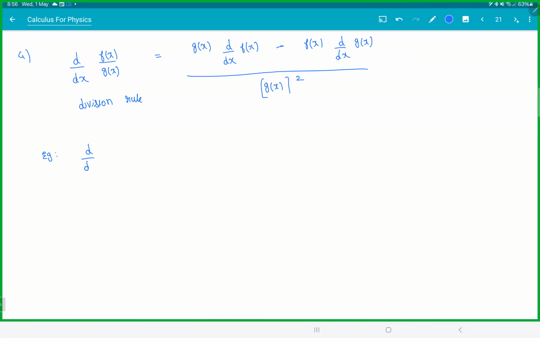Example, if you have d by dx of cos x by x, this is f of x, this is g of x. Basically, you need two functions.